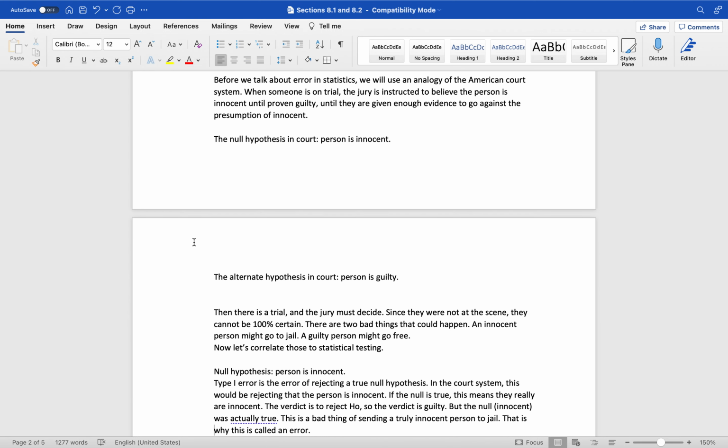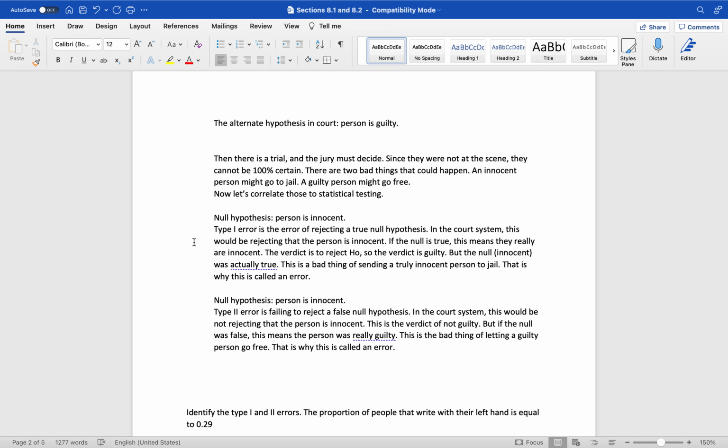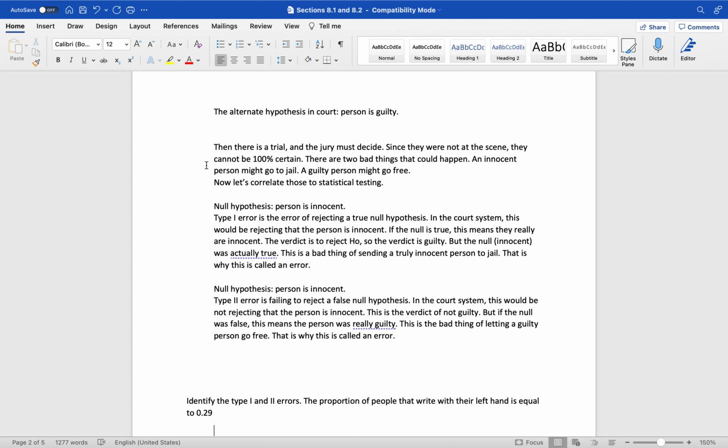That's what you're supposed to believe until you're given evidence to make you go against that. The alternate hypothesis is the person is guilty. There's a trial and the jury makes a decision. Since they were not at the scene, they cannot be 100% certain. There are two bad things that could happen. An innocent person might go to jail. A guilty person might go free.